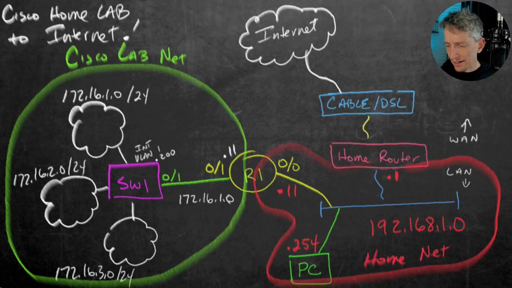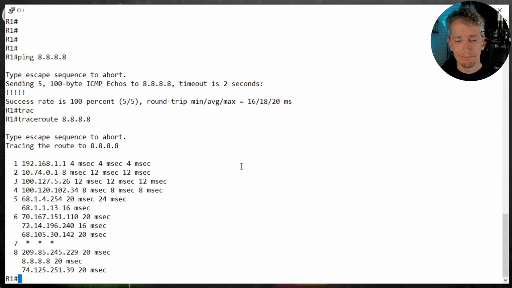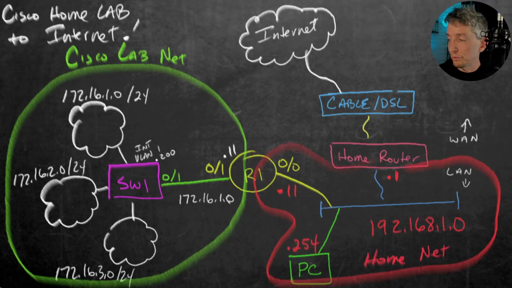To do that, because I don't have full connectivity from my home network to that switch on the Cisco Lab network, from R1 we're going to telnet and hop over to switch 1. So it's going to look something like this.